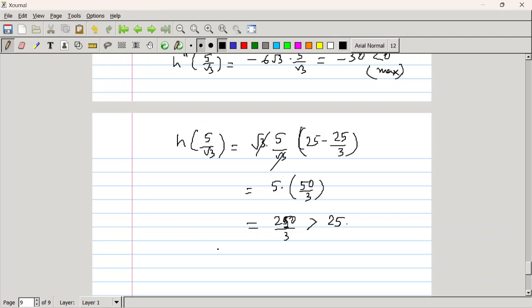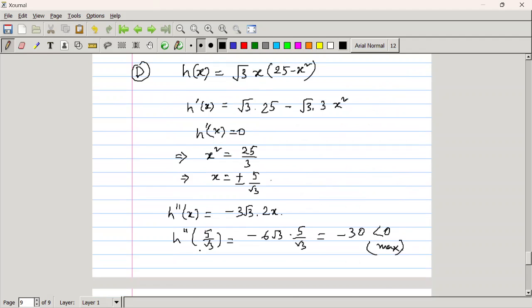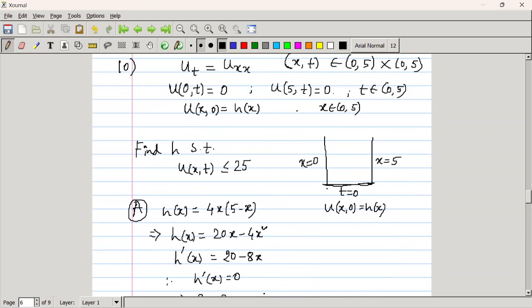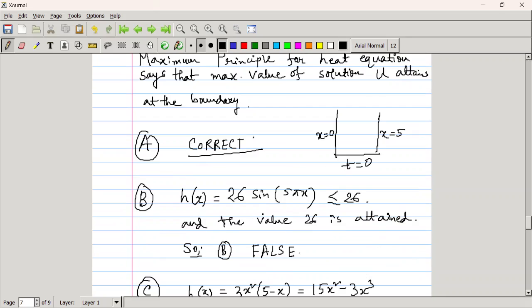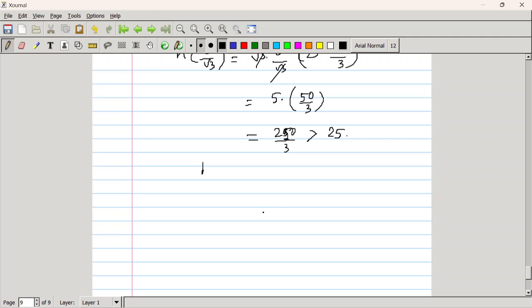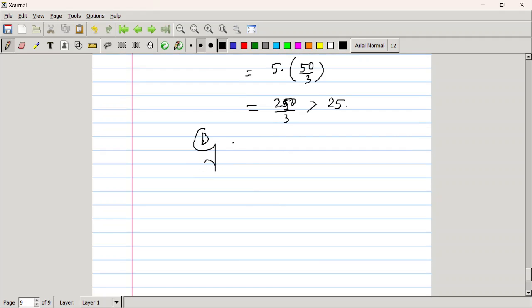So option D is also false, because we have to find those h such that u is less than or equal to 25. Options B, C, D are false. Option D is false. Okay, so option A is the correct option.